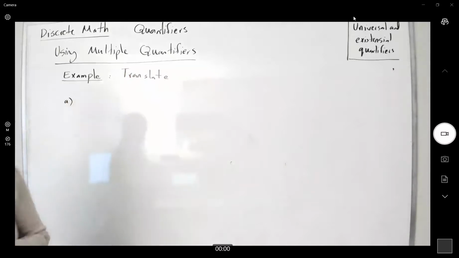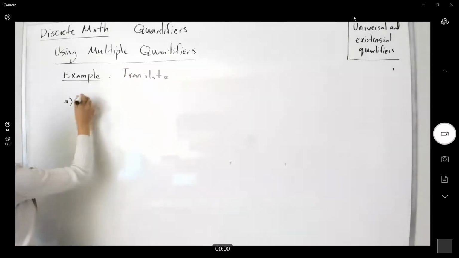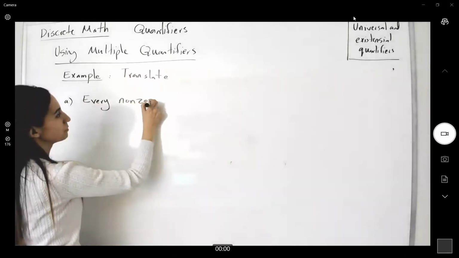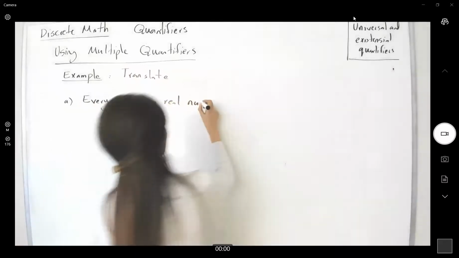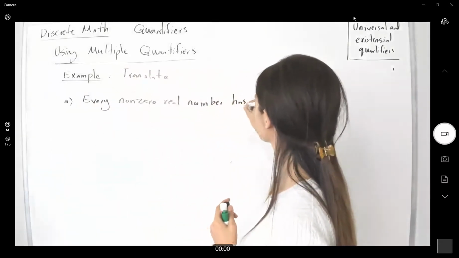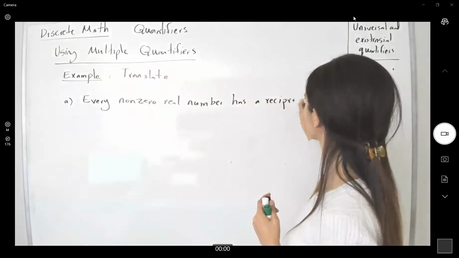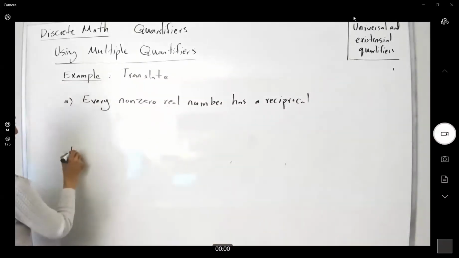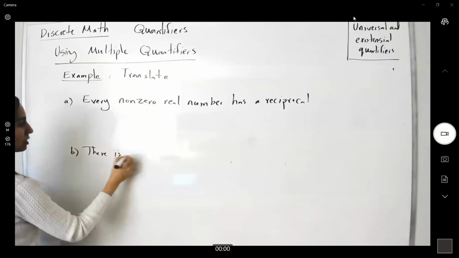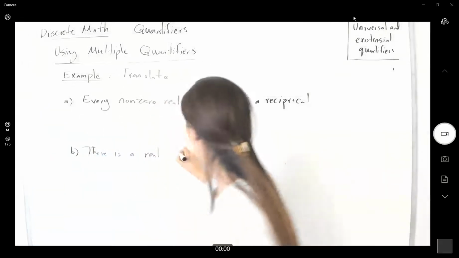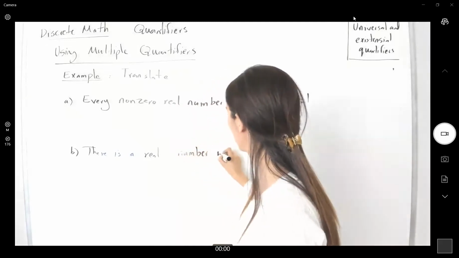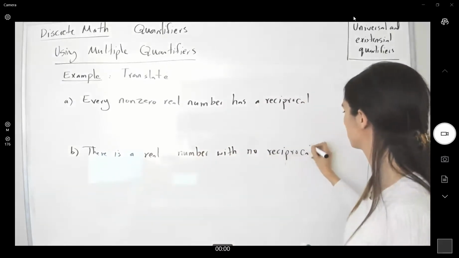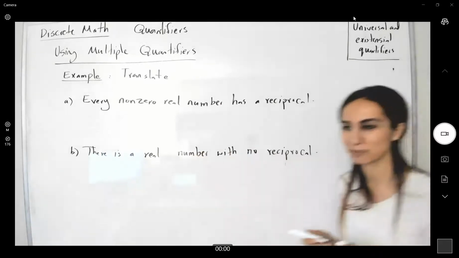The first one says, every non-zero real number has a reciprocal. And the second one says, there is a real number with no reciprocal. How do you translate this?